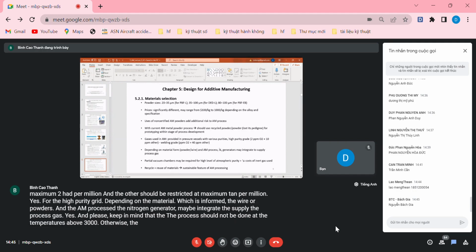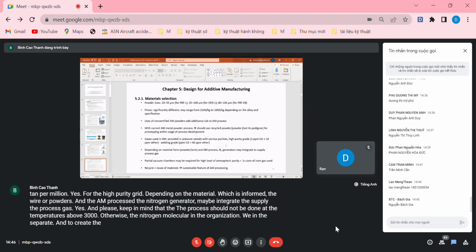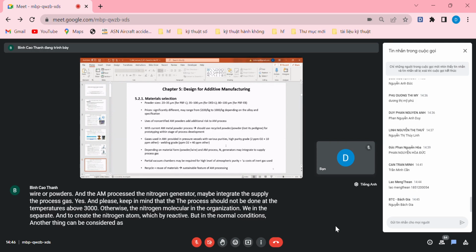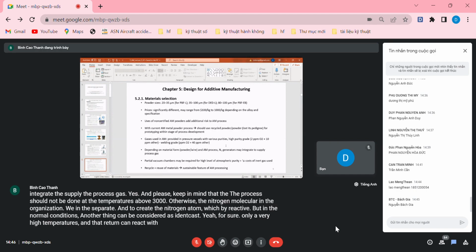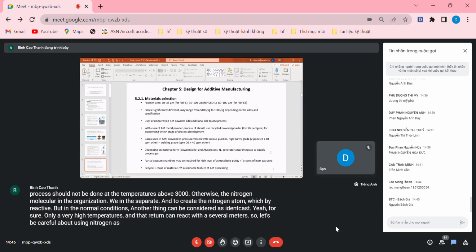Otherwise, the nitrogen molecule will separate to create nitrogen atoms, which are quite reactive. But in normal conditions, nitrogen can be considered an inert gas. Only at very high temperatures can nitrogen react with several metals. So just be careful about using nitrogen as the process gas.